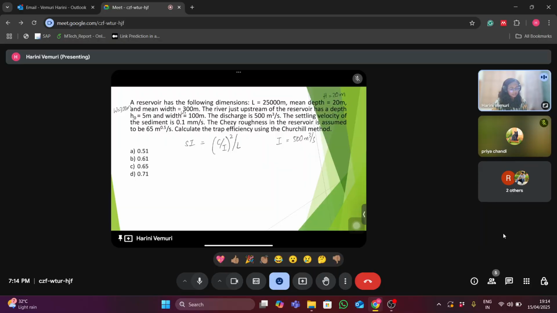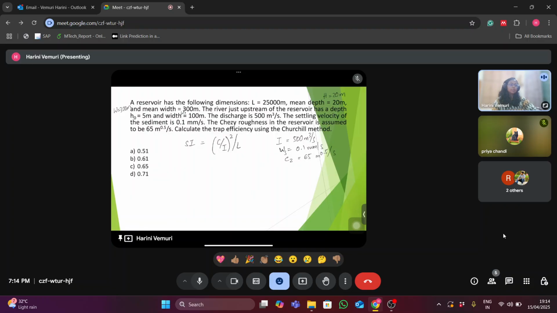The settling velocity is 0.1 mm per second, and the Chezy roughness coefficient CZ is 65 meter power 0.5 per second. They are asking us to calculate the trap efficiency using Churchill's method.